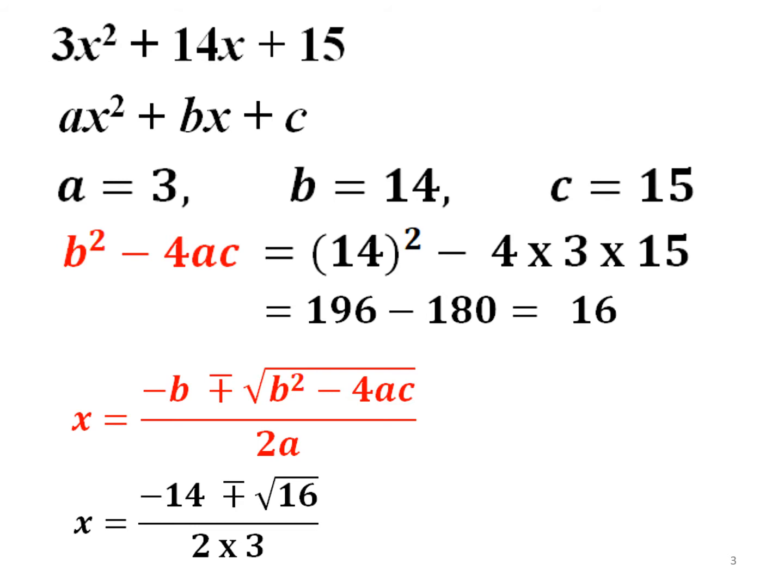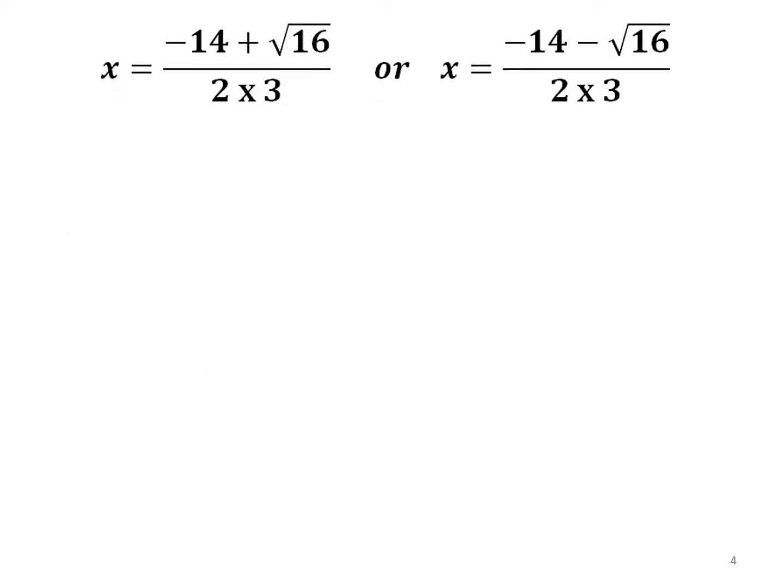Since it is minus and plus, we shall get two different values now. So x is equal to minus 14 plus root 16 upon 2 into 3, or x is equal to minus 14 minus under root 16 upon 2 into 3.